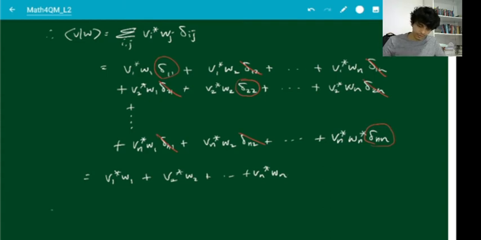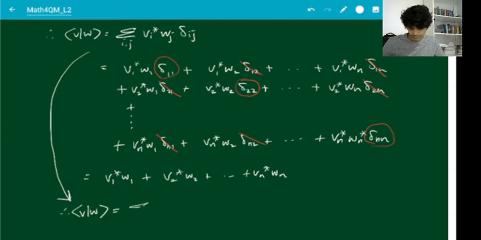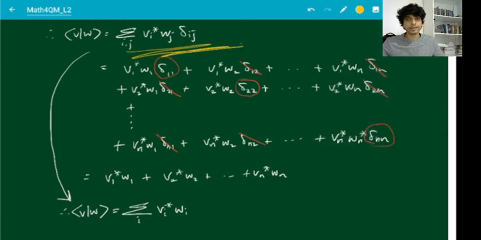Right. So basically what I've written, I could have just directly, without doing the explicit calculation, said therefore the inner product of V and W is just summation over i of Vi star Wi. Basically in this equation, the summation with delta ij forces all the j's to become equal to i, and whenever j is not equal to i, you don't get anything, that is 0.